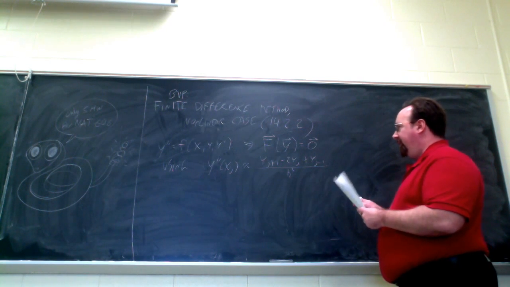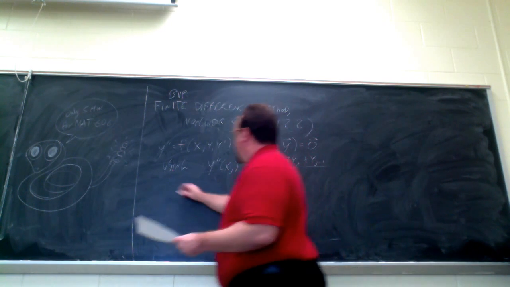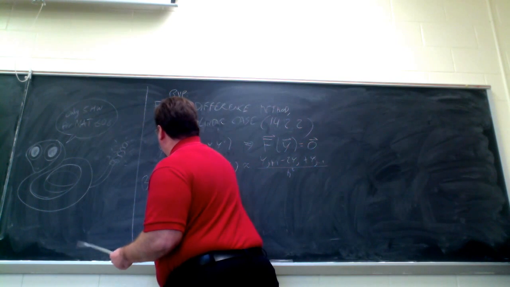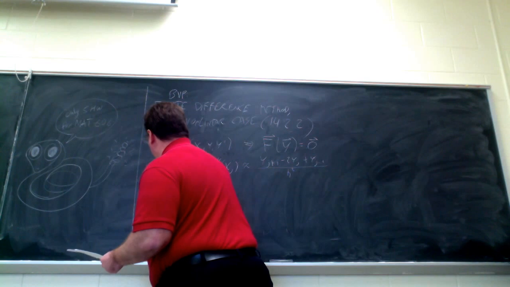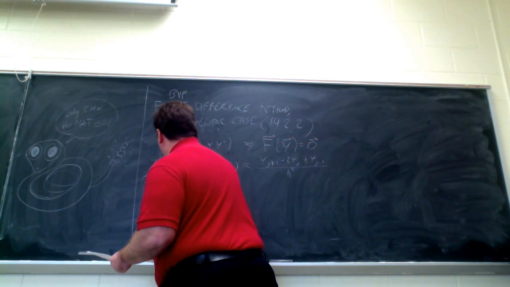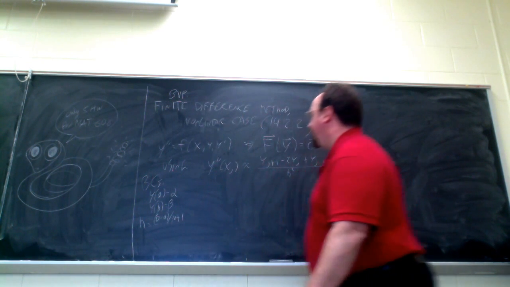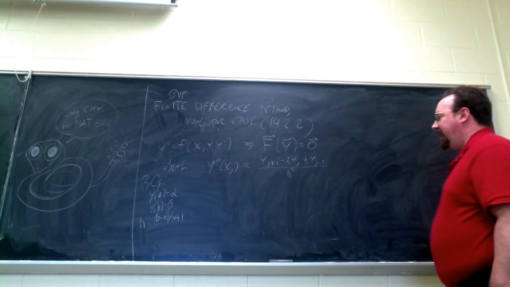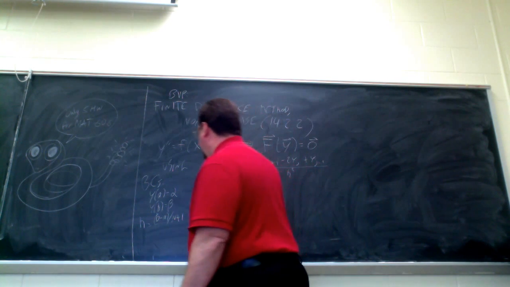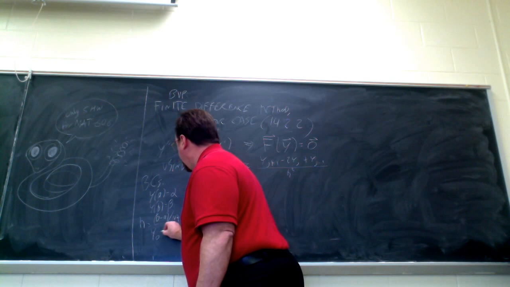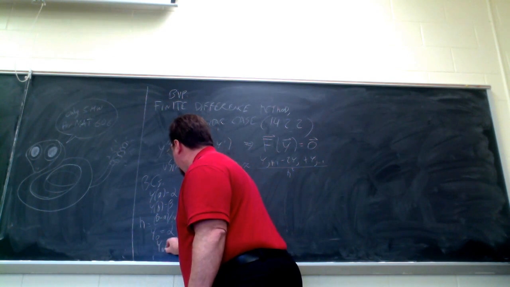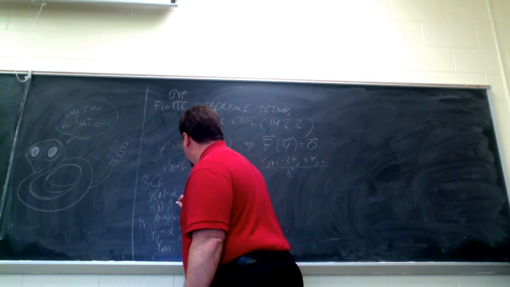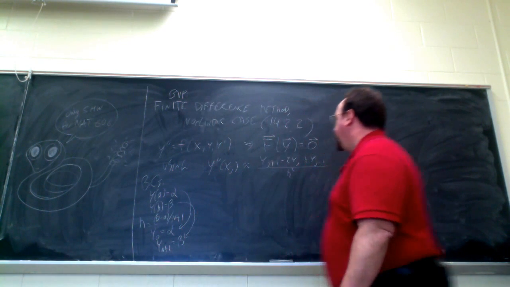And just to recap from before, your boundary conditions, y of a is alpha, y of b equals beta. Our h is b minus a over N plus 1, where N is chosen, the number of unknowns you're going to have. And your boundary values, y0 is alpha, coming from here, and y capital N plus 1 equals beta, coming from here. So those are specified.